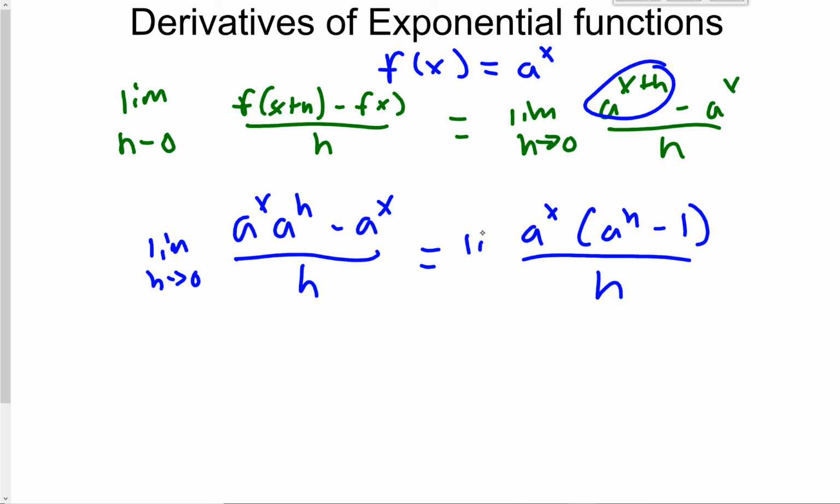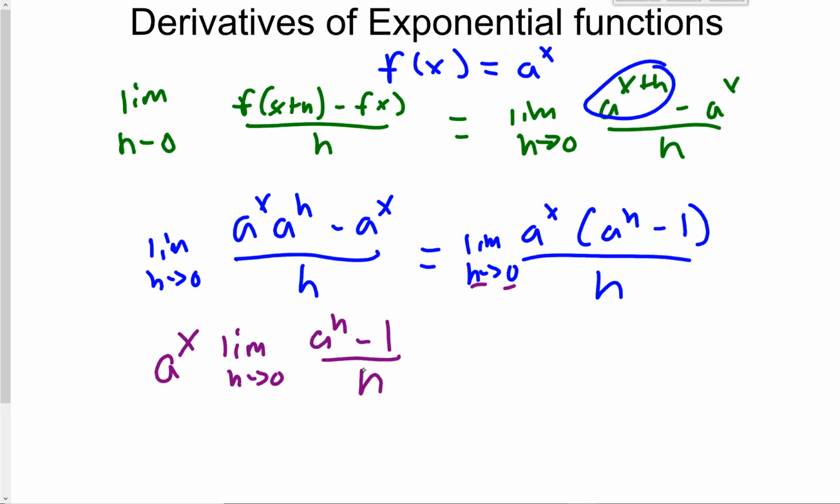Since a to the x does not depend on h going to 0, there's no h in this, I can bring that out front, and I have a to the x times the limit as h goes to 0 of a to the h minus 1 all over h.